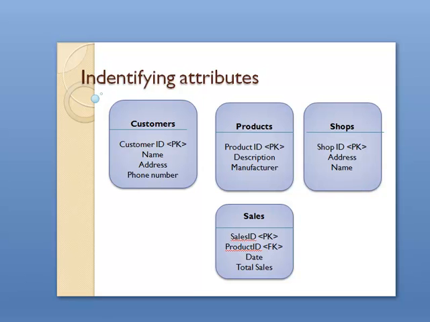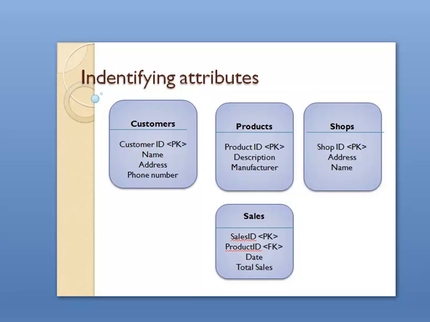So a foreign key in an entity is the reference to the primary key of another entity. In the ERD, that attribute would be associated with FK. The foreign key of an entity can also be part of the primary key in a composite key.